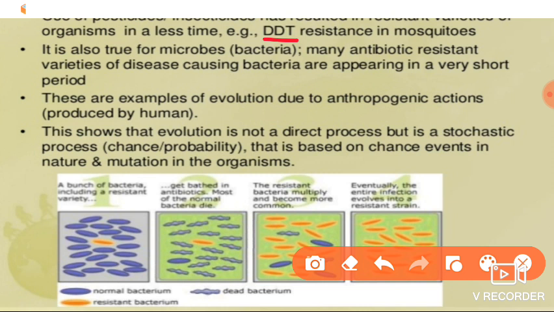Like that, we use pesticides to kill pests, and herbicides to kill herbs, and along with that we use DDT. When you started spraying DDT continuously, in the beginning days, what happened? The mosquitoes were dying.